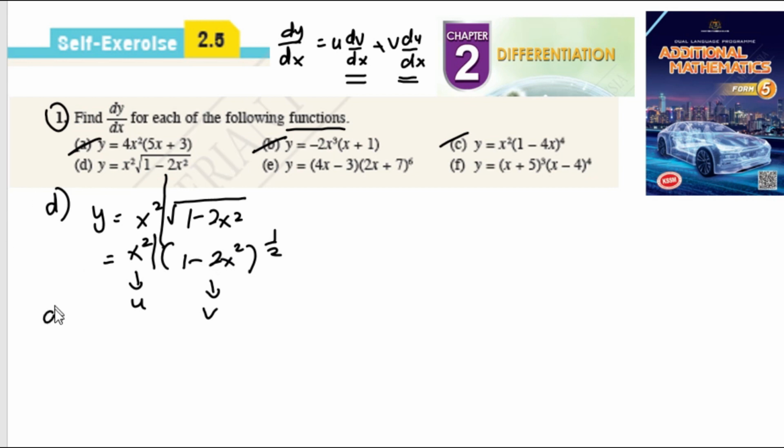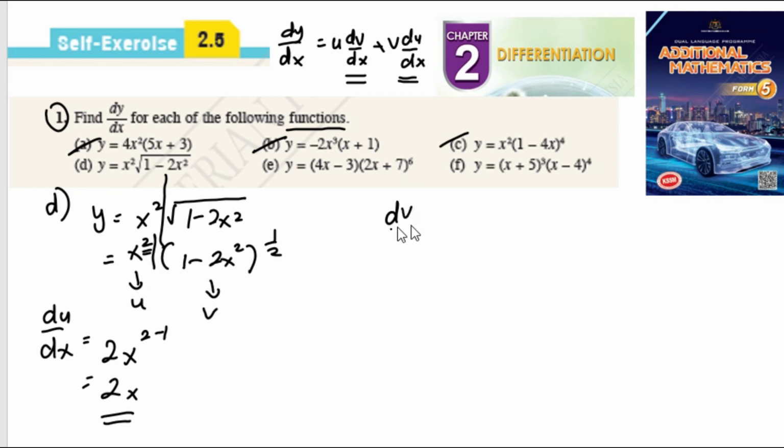So here, du over dx is equal to, when you differentiate x squared, you bring the 2 forward, you get 2x, and then the power needs to minus 1, so 2 minus 1. So you get 2x. And then you have to find out dv over dx.